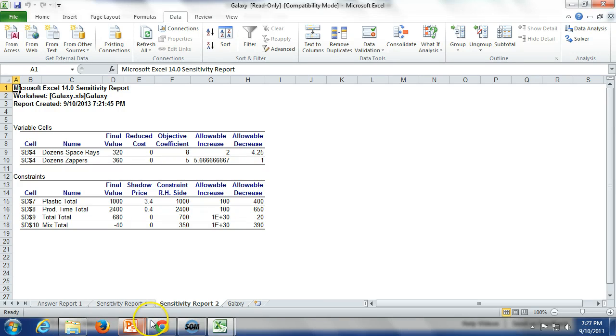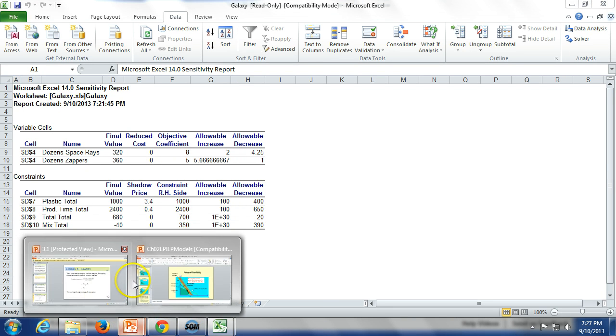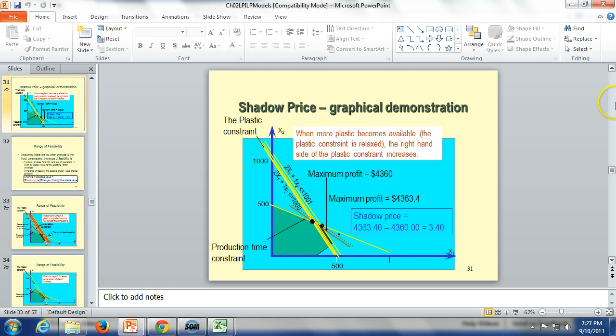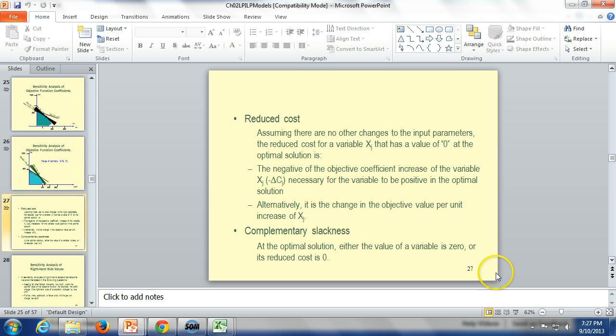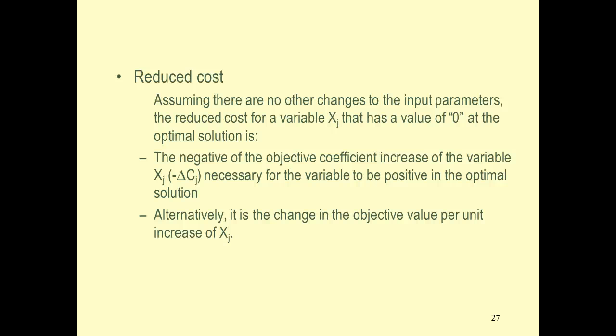The last bit of sensitivity is a mouthful. It is called reduced cost. And reduced cost works like this.